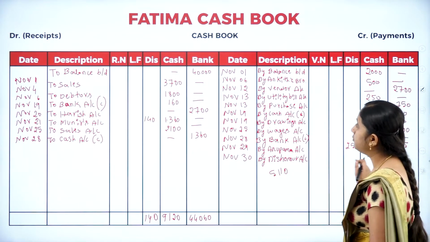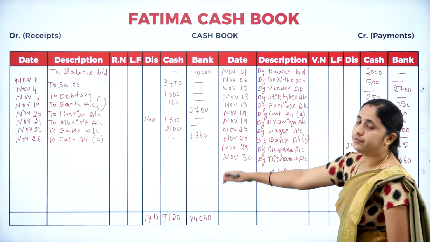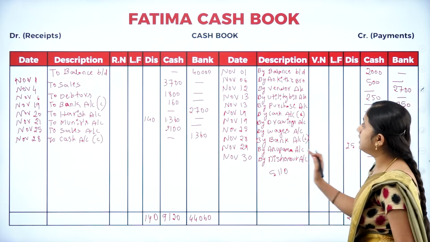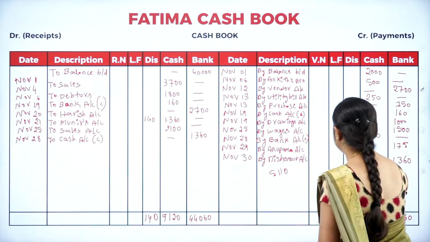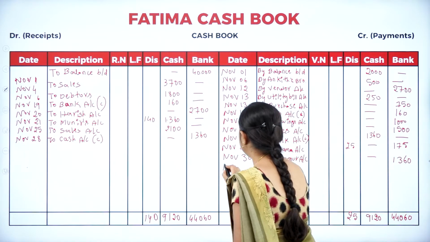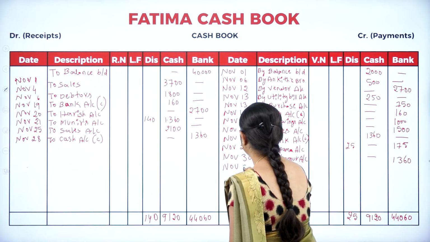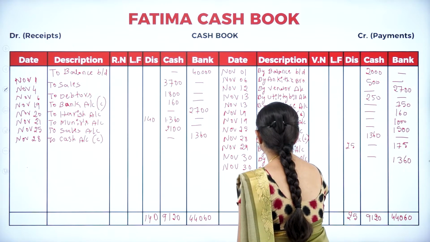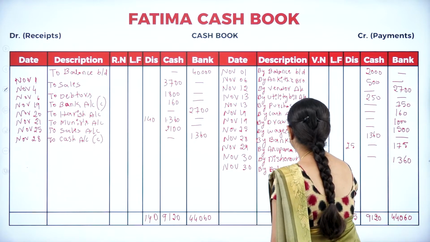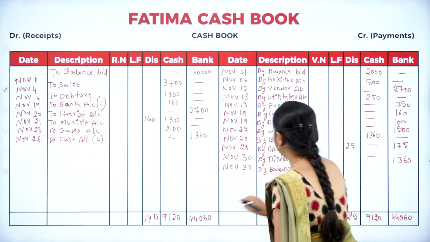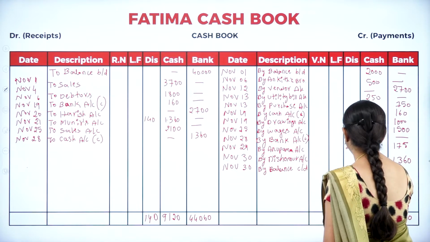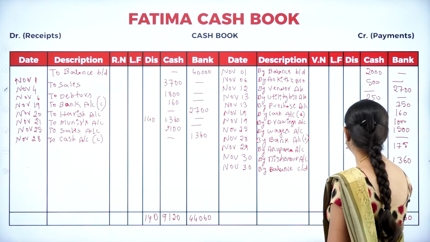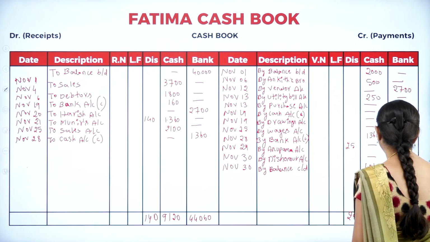Now find the difference between debit and credit cash, and find the difference between debit and credit bank balance. So the difference for cash is 4,010. Write the difference as by balance carried down. The difference on the debit side of cash is 4,010 and the difference for bank is 36,415.